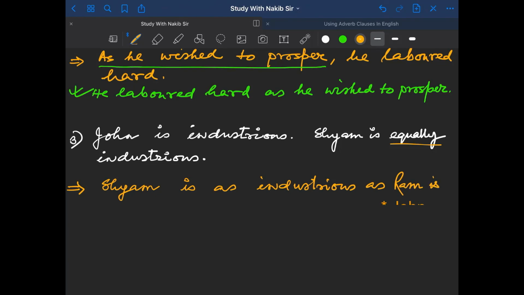Ram means Ram is. Sam is as industrious as Ram. Okay, so as industrious as Ram, this is comparison, so adverb clause. Okay, adverb clause, this comparison.